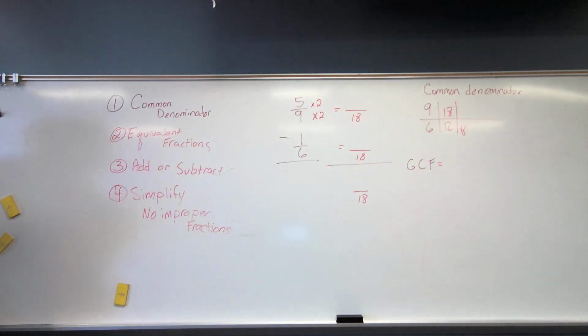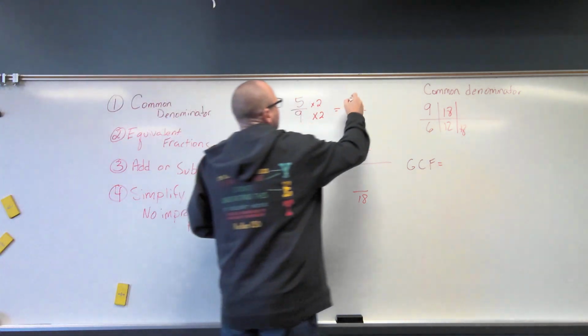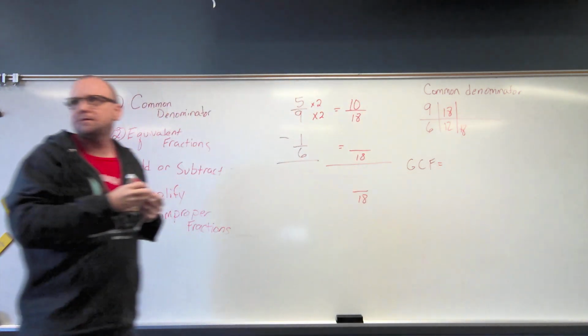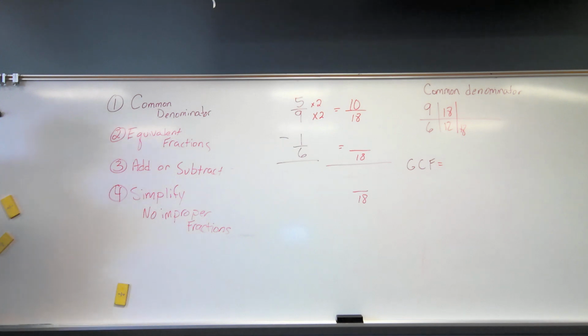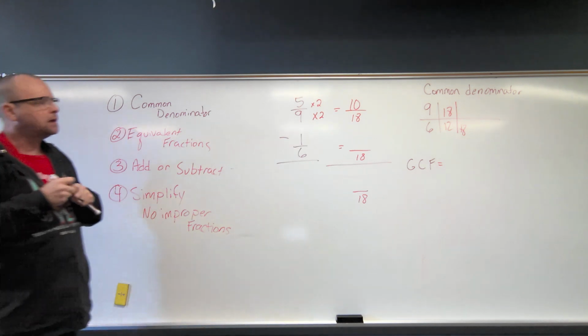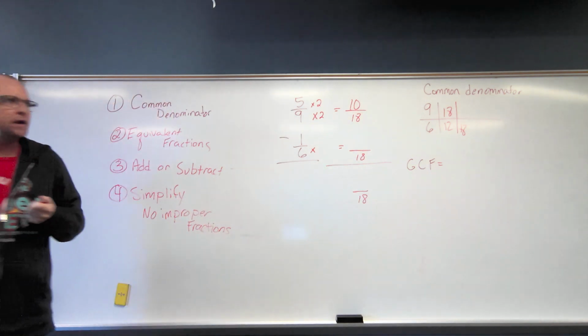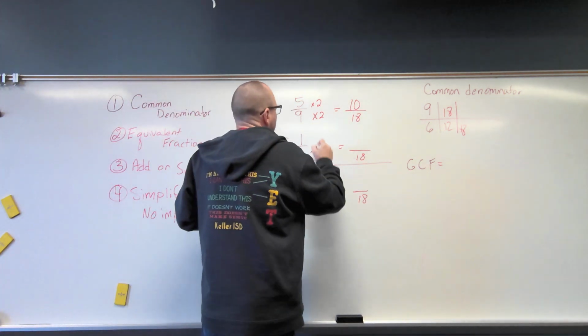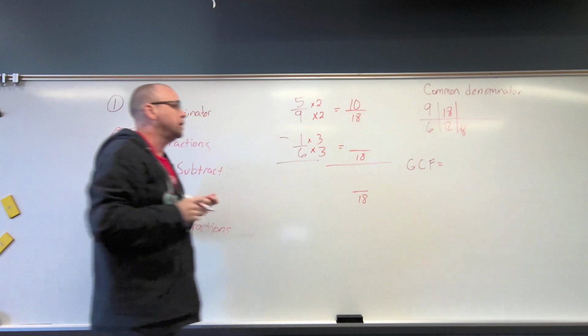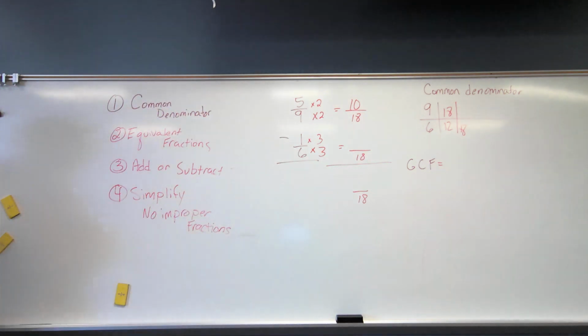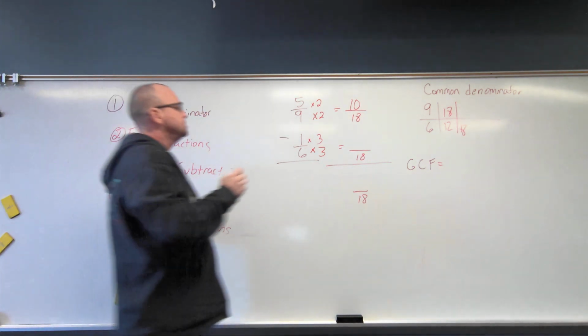Caitlin, what is 5 times 2? 10. So 5/9 equals 10/18. They are equivalent, the same value. Caitlin, what did I multiply by 6 to get 18? 3. If I multiply my denominator by 3, I must also multiply my numerator by 3. And 1 times 3 is what, Caitlin? 3.